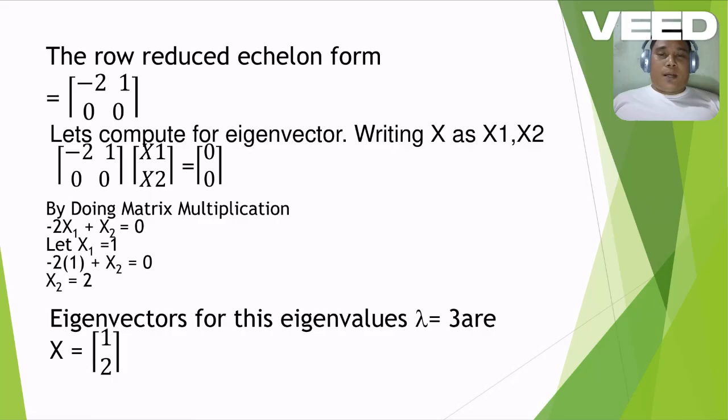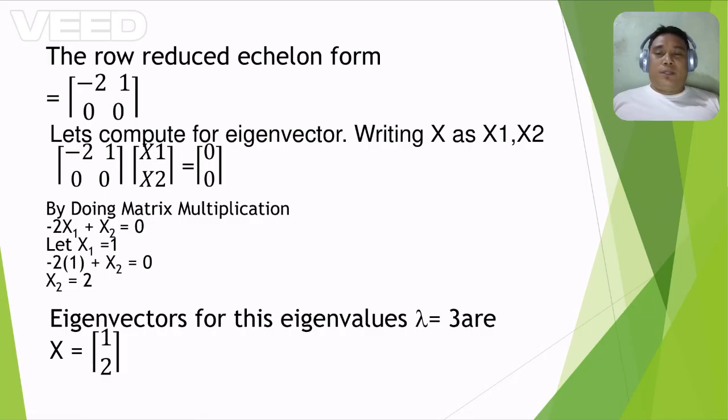Let's compute now for the eigenvector, writing x as x1, x2. So this is our row reduced echelon form. Negative 2 times x1 and then 1 times x2 equals 0. By doing matrix multiplication, we get this. So let x1 equal 1.